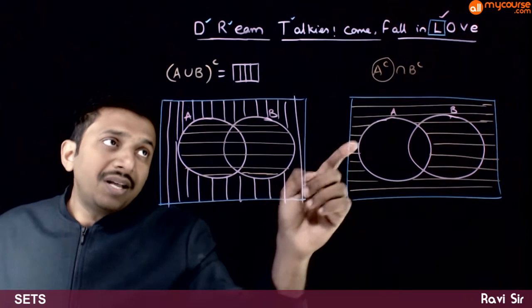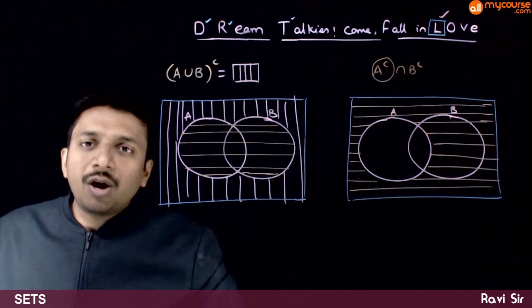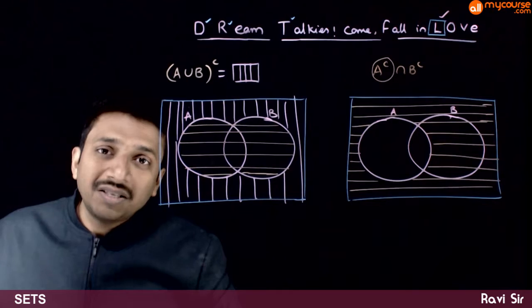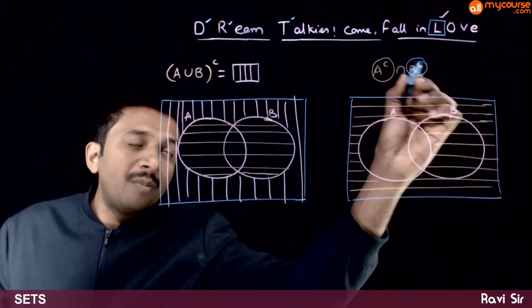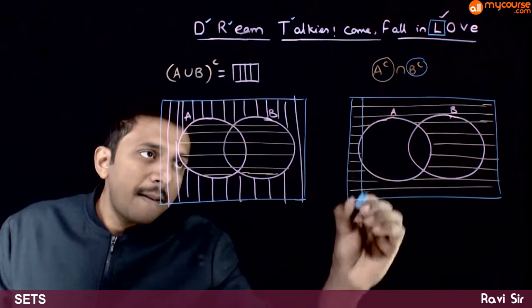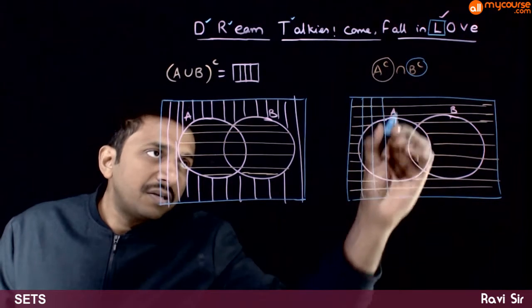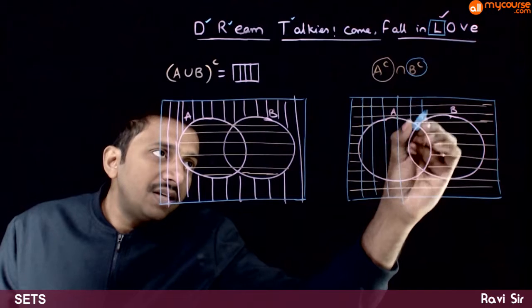Next, what is my B complement? B complement is nothing but all the region excluding B, so let me draw it using vertical lines.